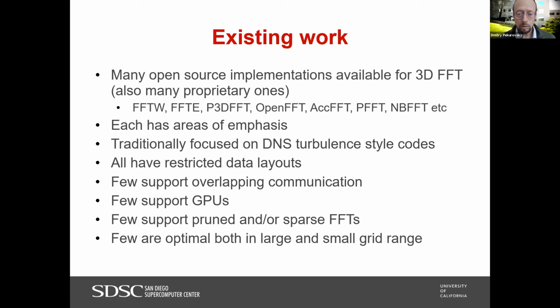Very few support overlapping communication and computation, which I will talk about. Just a few of them support GPUs. And so there are a number of improvements that can be made to bring this type of software to modern exascale standards.